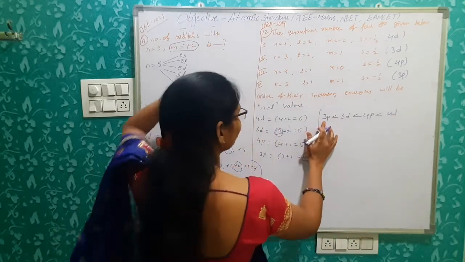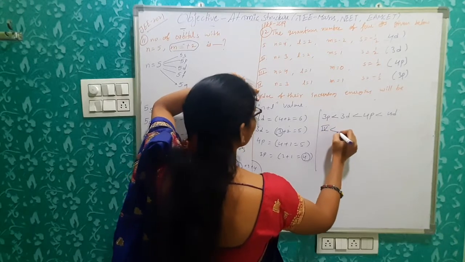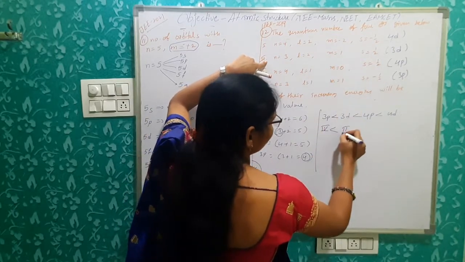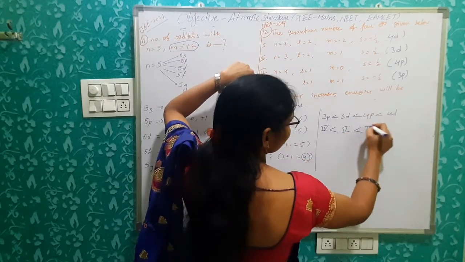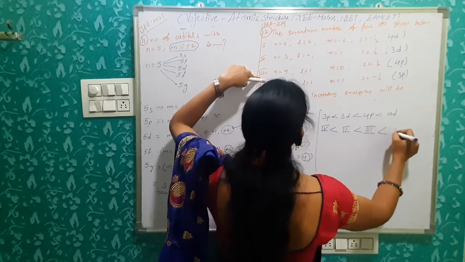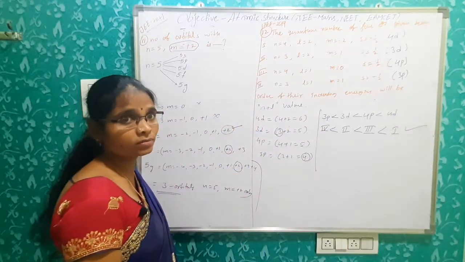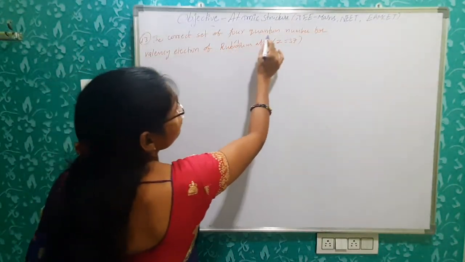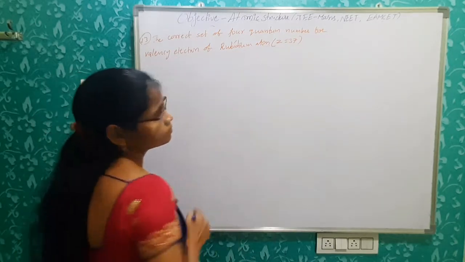So 3p, given as the 4th electron, is less than 3d, the second, less than 4p, the third, less than the first. This is the increasing order of energies. Clear? Next problem. The correct set of 4 quantum numbers for the valency electron of a rubidium atom.